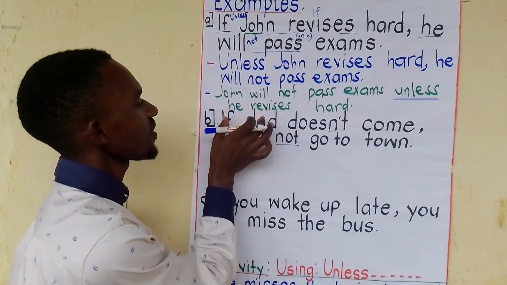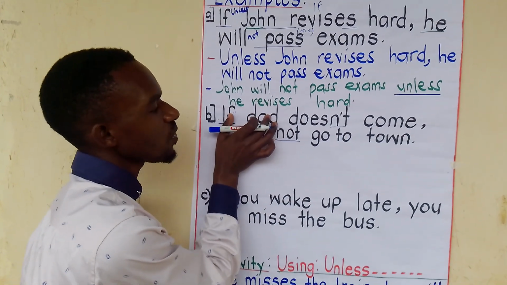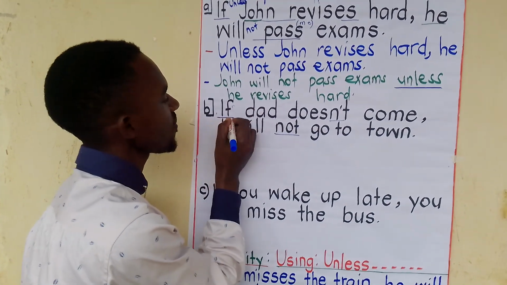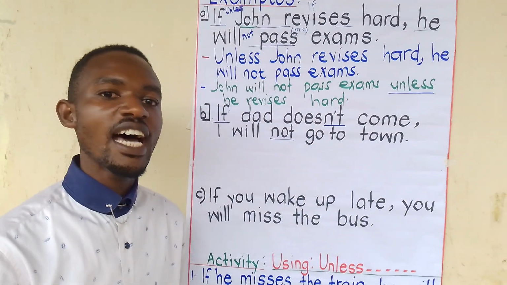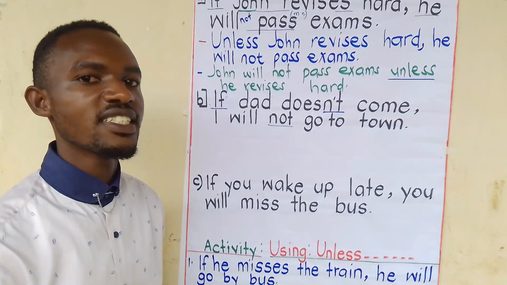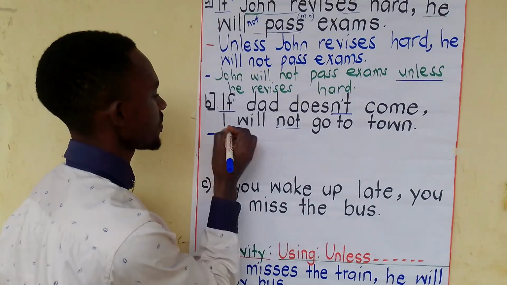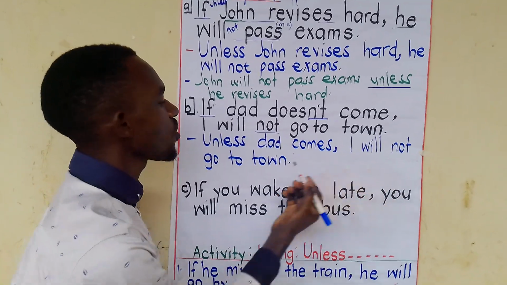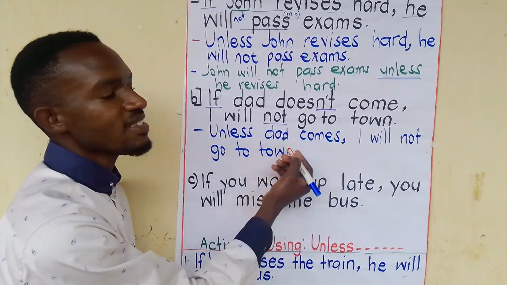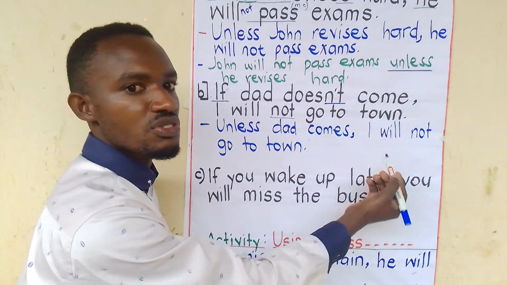But for the if clause, we replace if with unless and take out not, since we know that unless means if not. This is our answer: unless dad comes, I will not go to town.